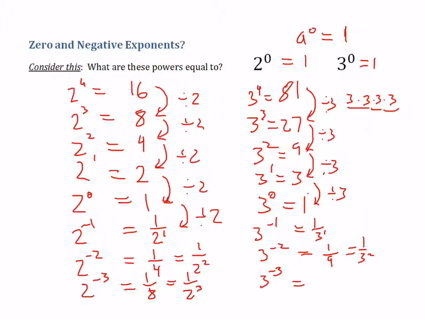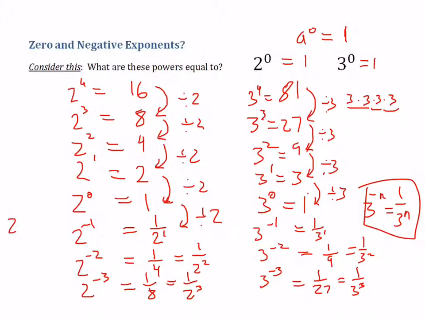And 3 to the negative third, we'll divide this by 3. 1/9 divided by 3 is 1/27. That's 1 over 3 to the third. So we see that 3 to the negative n power is 1 over 3 to the n.